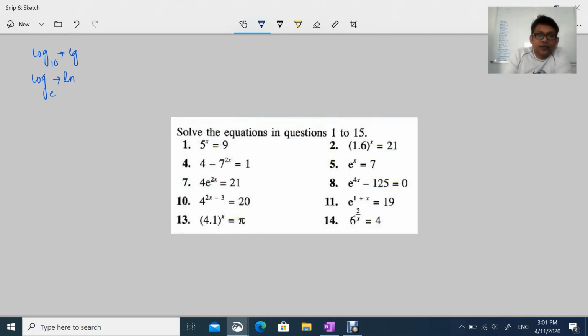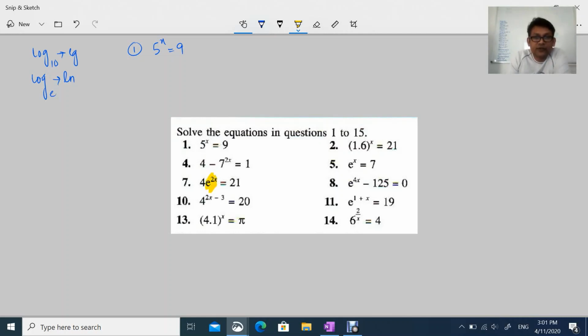There is no problem applying log on both sides or ln on both sides. You will get the same answer. You can apply any log base, but in our syllabus we have base 10 and base e. Here there is no exponential, because this is 5 power x, 7 power 2x.